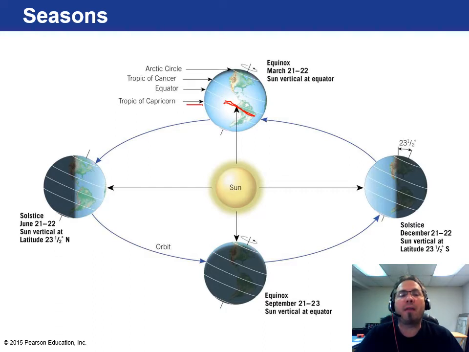You have the Tropic of Cancer, which is 23 and a half degrees north, and the Earth is spinning. So now we come around here to the first day of summer. Now the sun's rays are directly on this Tropic of Cancer, which I said is just south of Florida, the tip of Florida. So the sun's rays are right there.